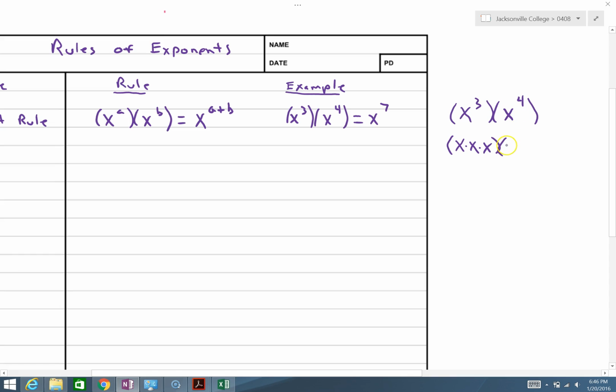Well, x to the fourth is 4 x's multiplied together. So we don't even need these parentheses anymore. I could drop them. What we have is 7 x's multiplied together, and 7 x's multiplied together is x to the 7th. So this is just telling us about repeated multiplication. We have 7 multiplications of x's, we can write it as x to the 7th. So while we are multiplying, the shortcut is to simply add these exponents.